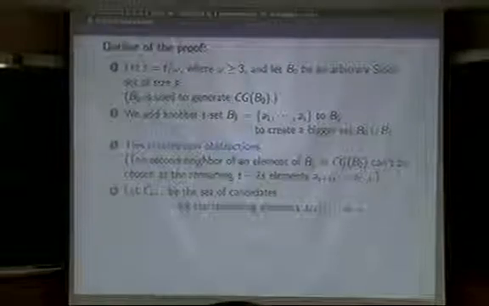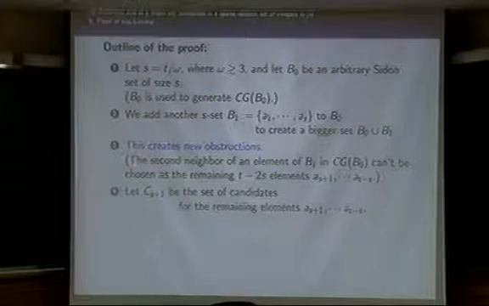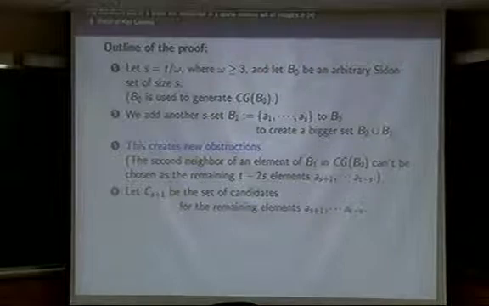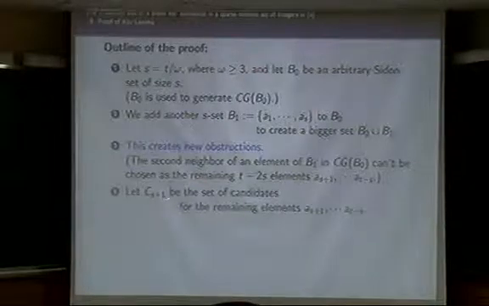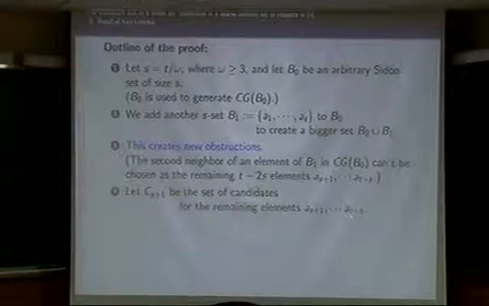So the thing is the following: the second neighbor of an element of B1 in the Cayley graph of B0 can't be chosen as one of the remaining t minus 2S elements. So let C_{S+1} be the set of candidates for the remaining elements a_{S+1} through a_{t-S}.